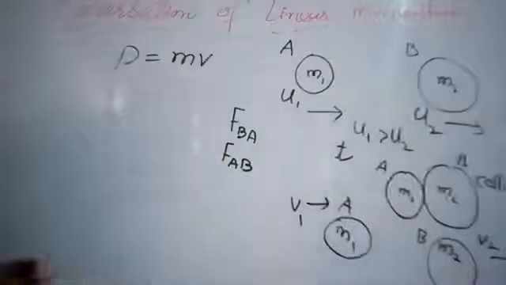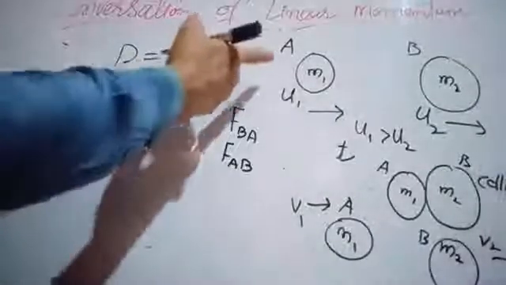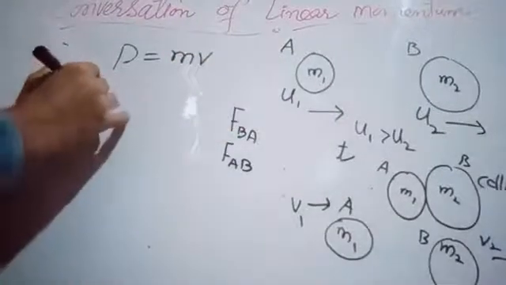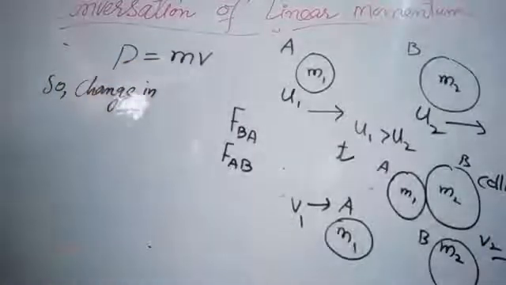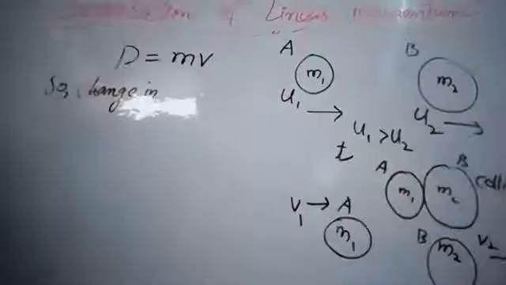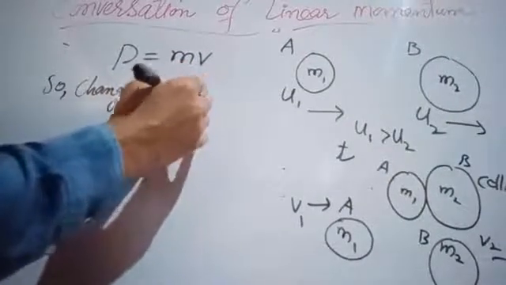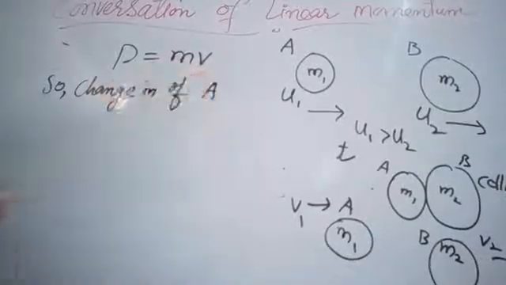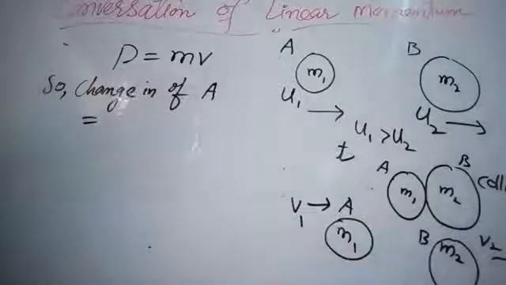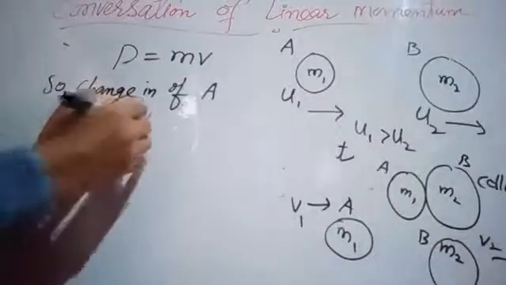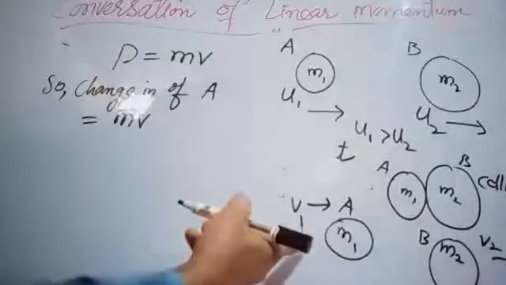So the change in momentum of object A. What is the change in momentum? Change in momentum is final momentum minus initial momentum.